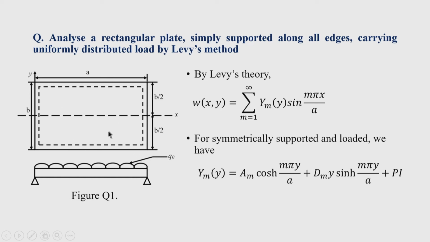The load is generally expressed in plates as per unit area when it is distributed. So, q naught is expressed as load per unit area, and because of the loading the particular integral is non-zero, and we have to consider this particular integral in this expression.